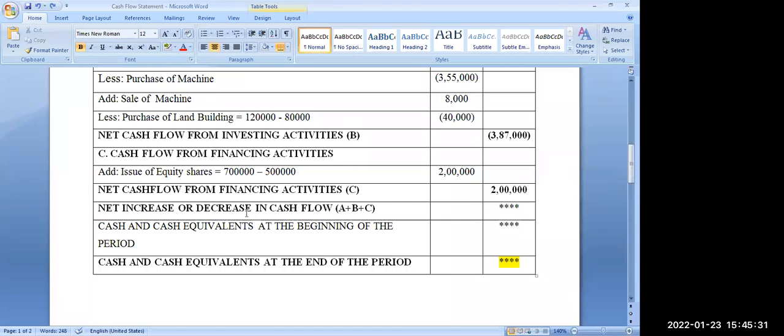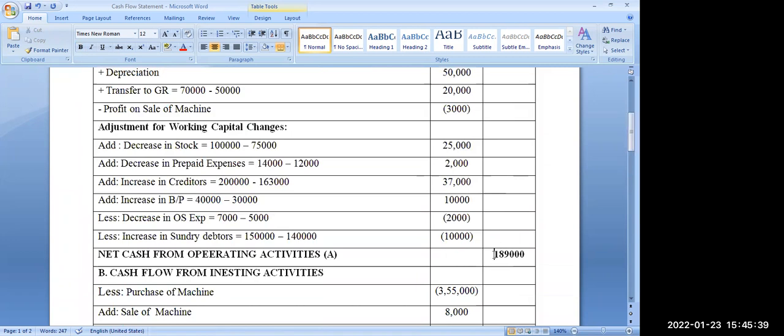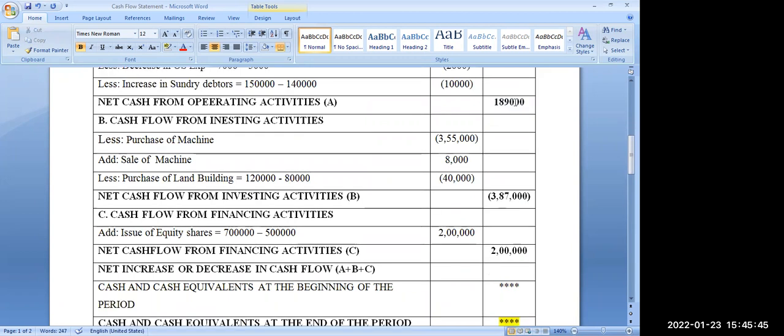Now, net increase or decrease in cash flows: A plus B plus C. This is A, this is B, this is C. What is the net result? 1,89,000 minus 3,87,000 plus 2 lakhs. How much does it come to? Please do the plus and minus carefully.